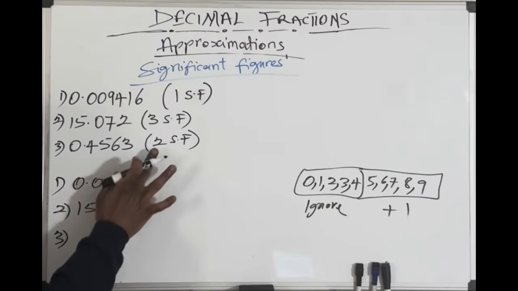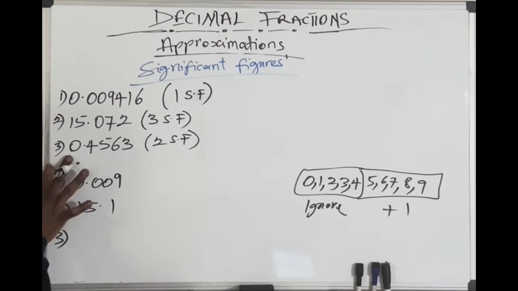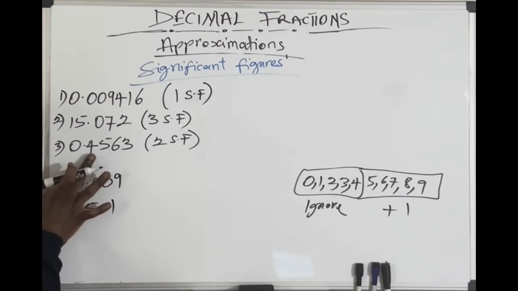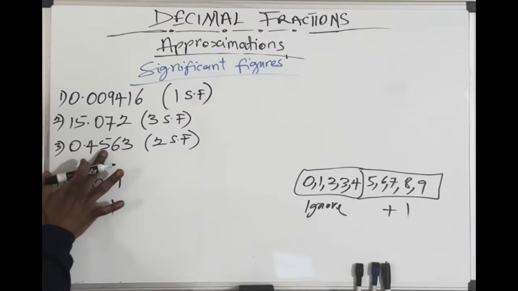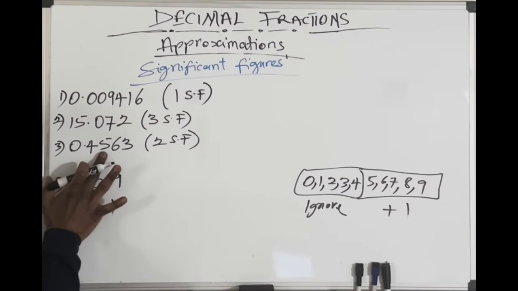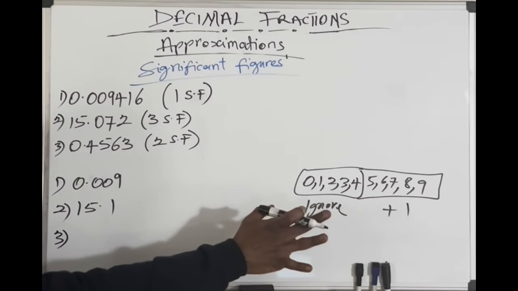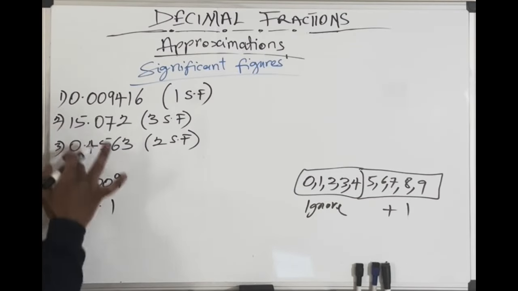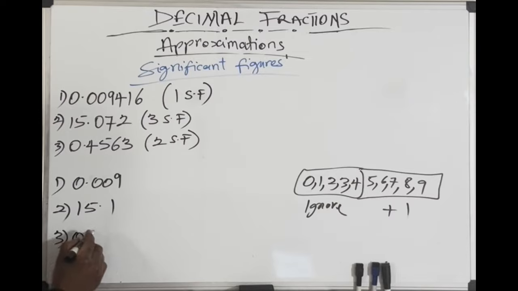Then number 3 says 2 significant figures. 0 is not a significant figure because it's preceding natural numbers, so we start with 1, 2. So we are looking at 5 as the second significant figure. The next number is 6. It falls under plus 1, so we add 1. These will be our final answers, ending with 0.416.